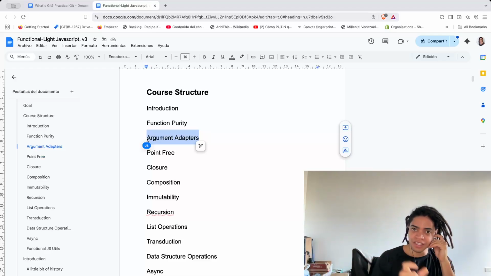So this is part of the argument adapters, part of the way functional programmers think about what they call the function shape, and how you can fit all of these different shapes to one another. They call this the type signature.